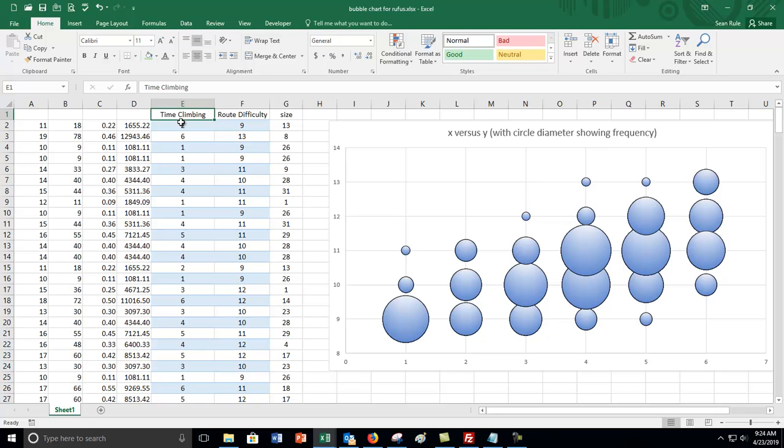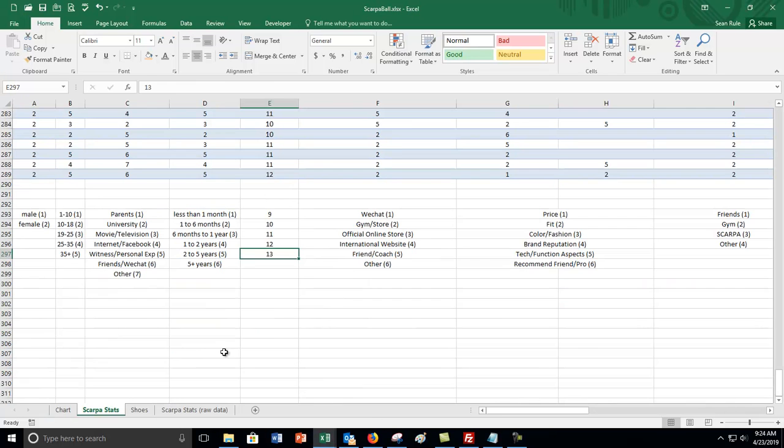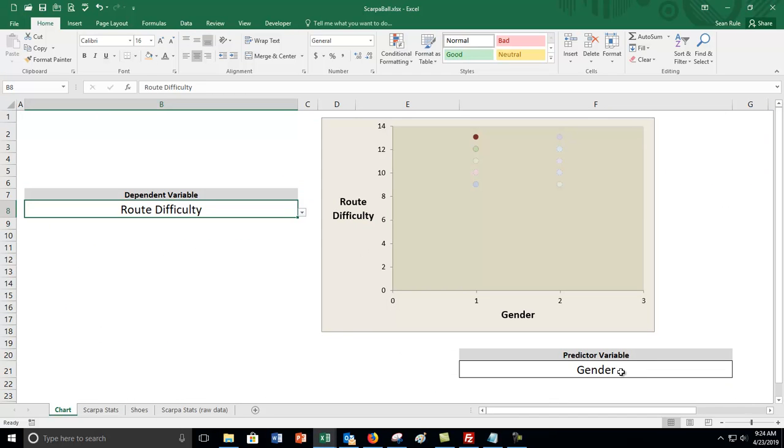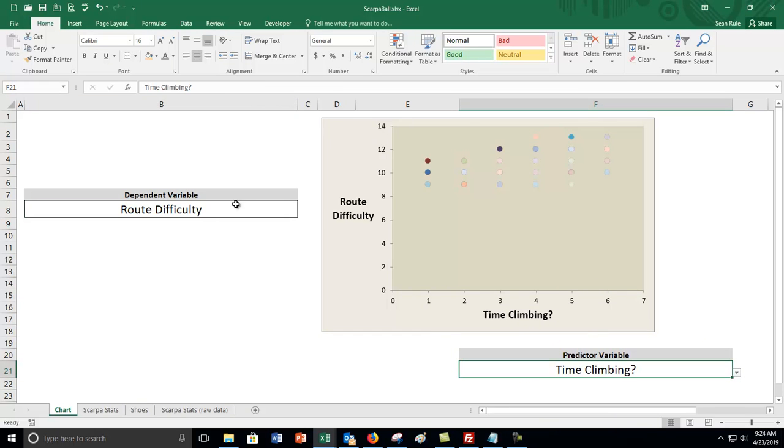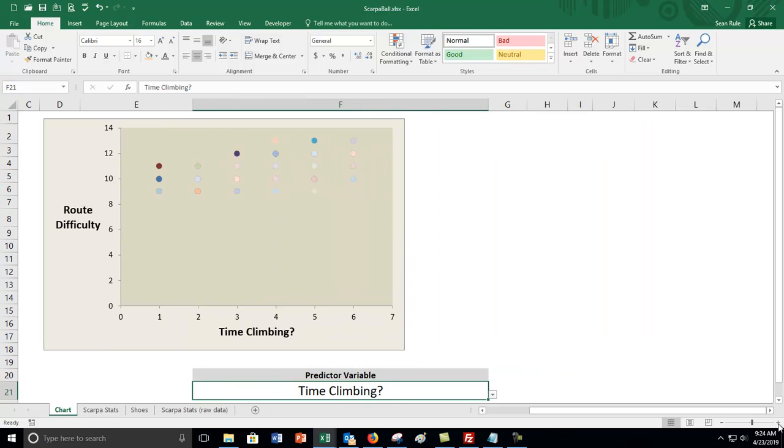Anyway, if you put the time climbing on the horizontal and the route difficulty on the vertical, this is the graph you get. Now what I want you to see is, in the Scarpa ball, let's do the exact same thing. Let's pick time climbing on the horizontal and route difficulty. Here we go. Take a look at this graph right here.